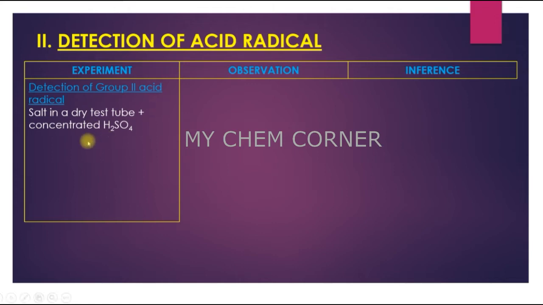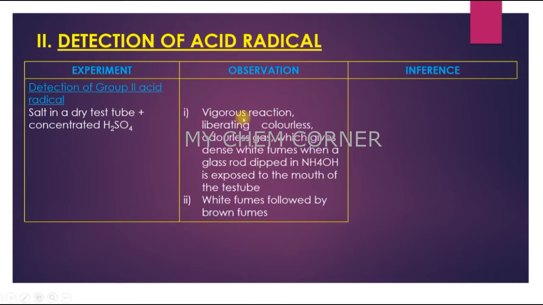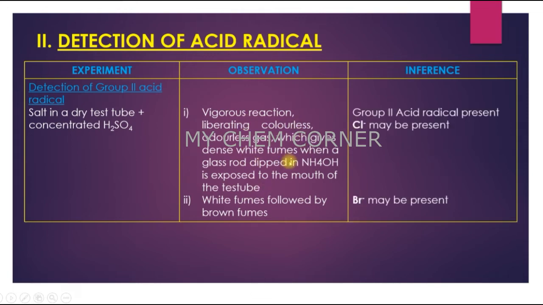Now when you add these two, there are two observations that you can see. The first observation is a vigorous reaction liberating a colorless gas, which will give dense white fumes when a glass rod dipped in NH4OH is exposed to the mouth of the test tube. When you see this first big reaction, that observation is for a chloride ion.